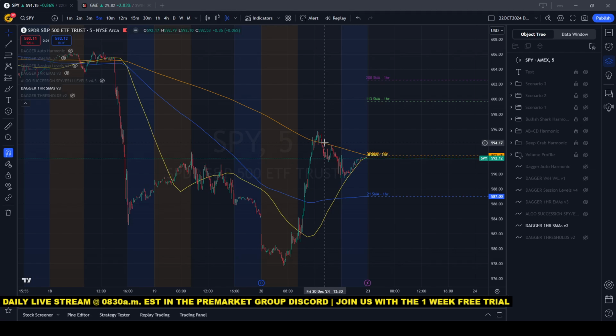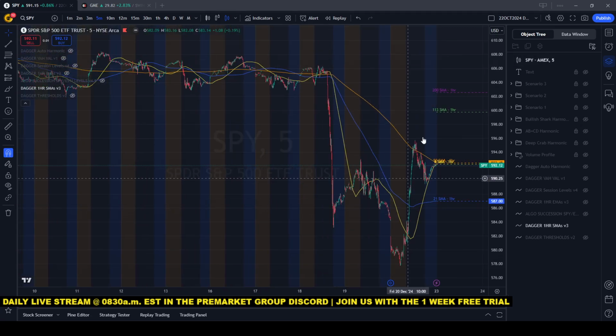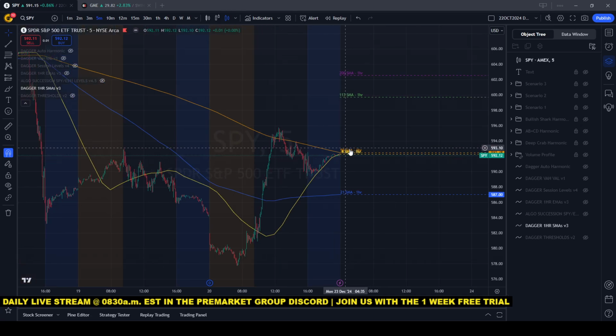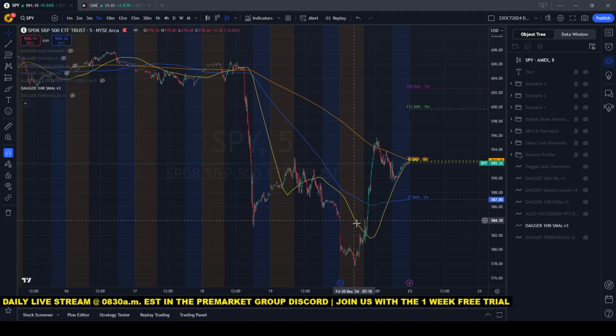In order to continue to play the game, in this case, to go to the upside and see us continue higher, we have to get above the 50 SMA. And then we can go see my 113 and 200. If we don't, then we're going to continue in the short-term trend, similar to the 8 and 21 SMAs here. The 50 SMA is basically my volleyball net.